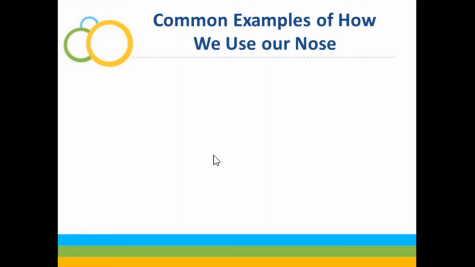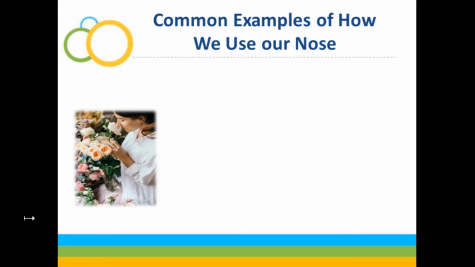Common examples of how we use our nose. The following pictures are pictures of the things we do that involve our nose. First, what is this picture? It's a picture of a lady smelling flowers.